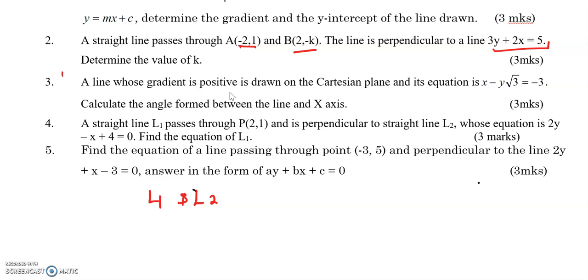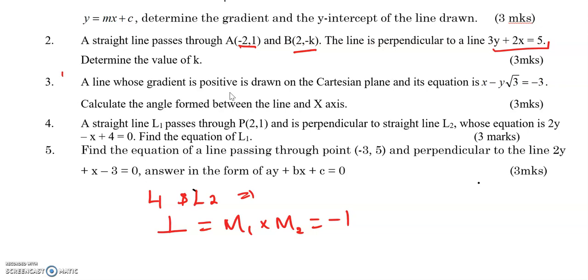If two lines are perpendicular, then the gradient of the first line times the gradient of the second line gives you a result of -1. Which means their product is equal to -1.